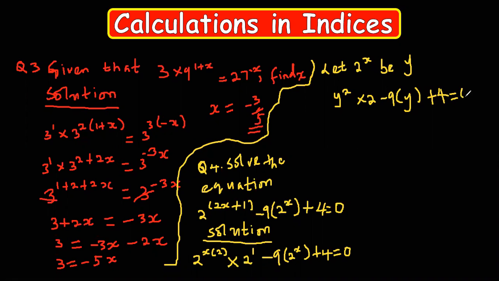Okay, so y squared times 2, we should have 2y squared. Yes, correct. Minus 9y plus 4 equal to 0.